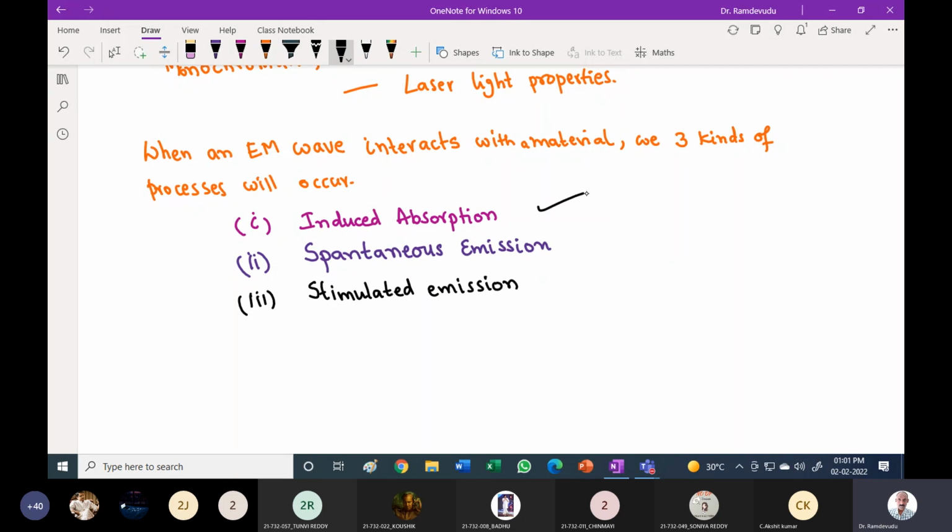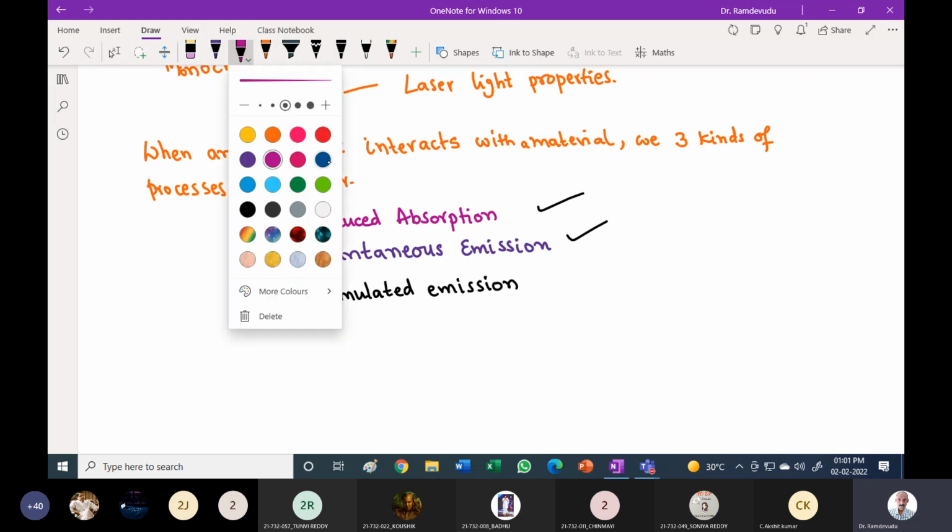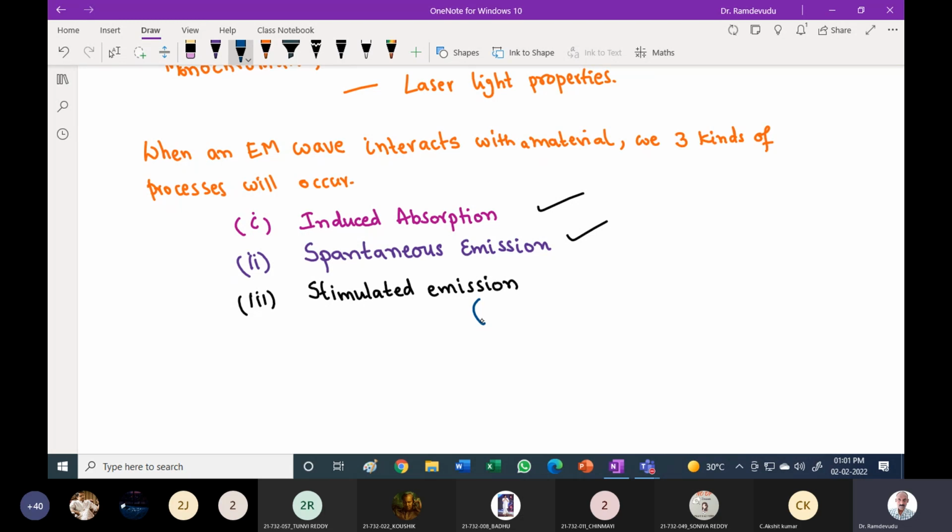The first two have been known to anybody for a long time, but stimulated emission is a new one which was actually proposed by Einstein, giving the concept of emission of a coherent beam called lasers. So Einstein proposed this stimulated emission, and thereby we have Einstein coefficients also, but we'll see it in Einstein's proposition.